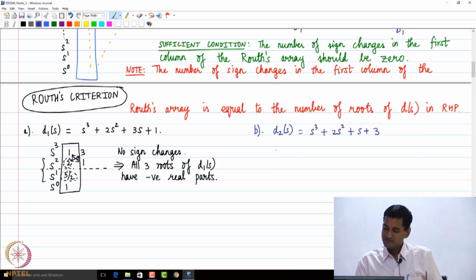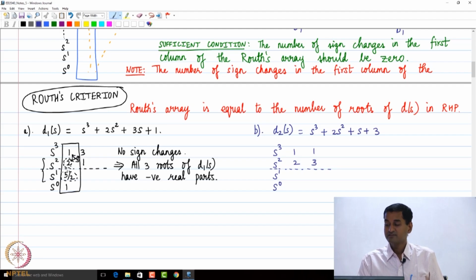So let's do the Routh's array construction once again. S cube, s squared, s power 1, s power 0. Once again, we fill in the first two rows: 1, 2, 1 and 3.